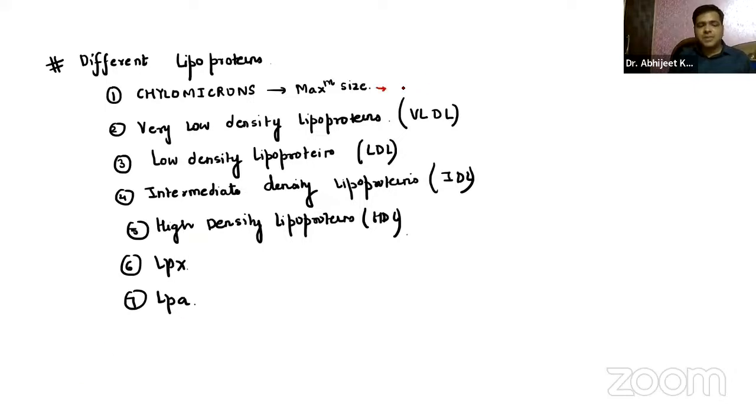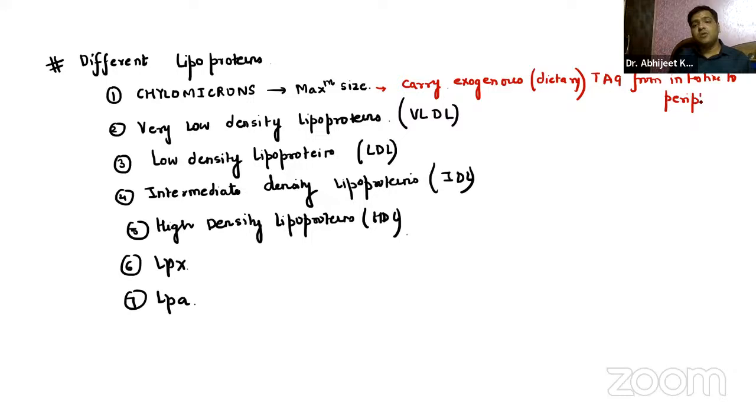Remember that it is the lipoprotein that carries exogenous, which is from outside, exogenous dietary triacylglycerol, the one you consume from the diet, from the small intestine to peripheral organs. Remember, chylomicrons have maximum size.